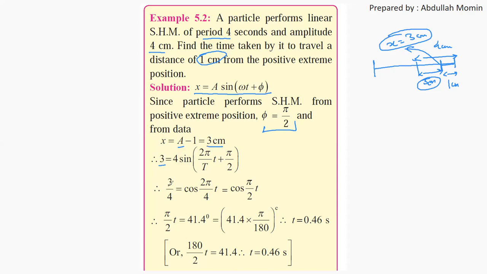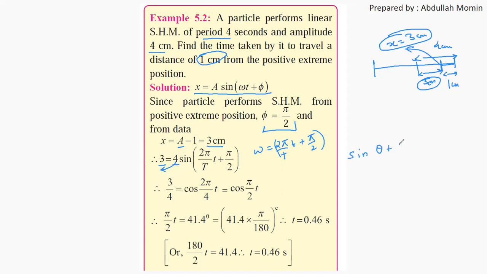So x is 3, the amplitude is 4, sine omega t plus pi by 2, where omega can be written as 2 pi by T. The 4 goes to the other side, so it becomes 3 by 4 equals sine of theta plus 90.